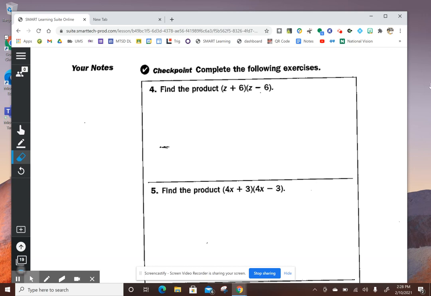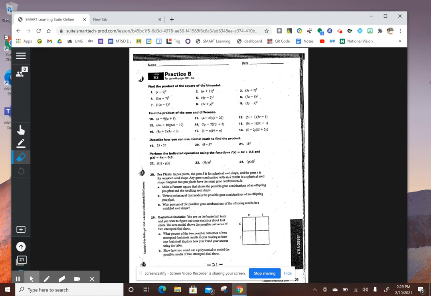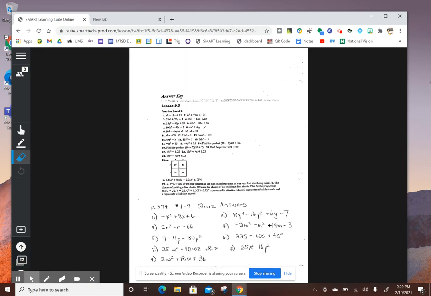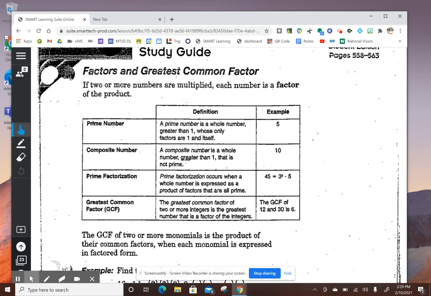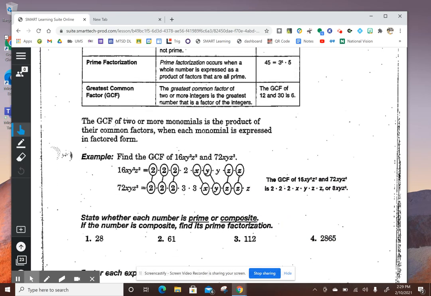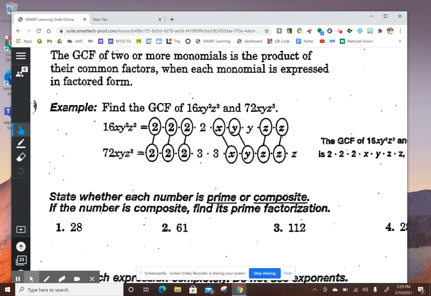And we're going to go over finding the GCF. Okay, so we're just going to review how you get the GCF of different terms, right? So here we have 16xyz, xy squared z squared, 72xyz cubed.